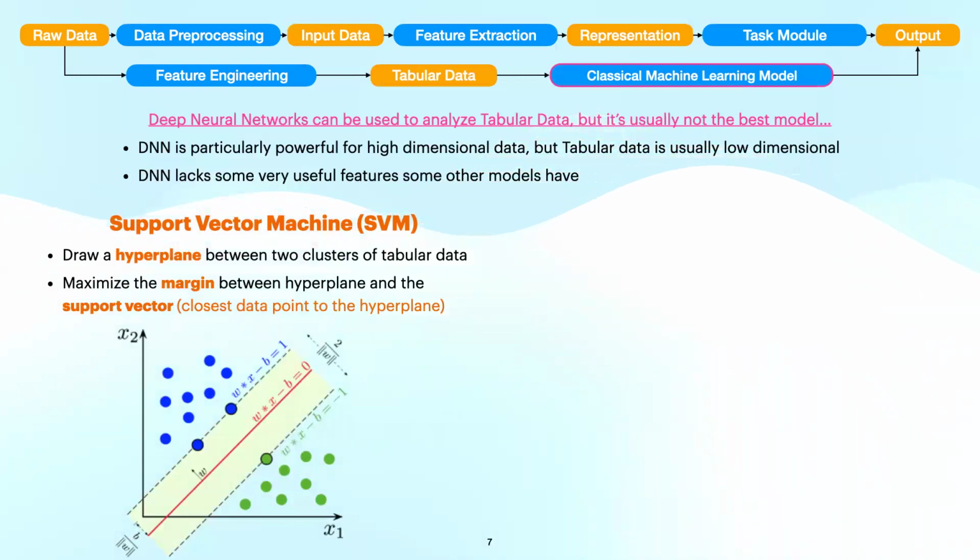Tabular data is usually very low dimension. You extract 4, 5, 20 parameters from each waveform, so the dimension of the input is relatively low. Also, deep neural networks lack some very useful features that some non-deep learning, non-neural network models have, which we will show in the next few slides.